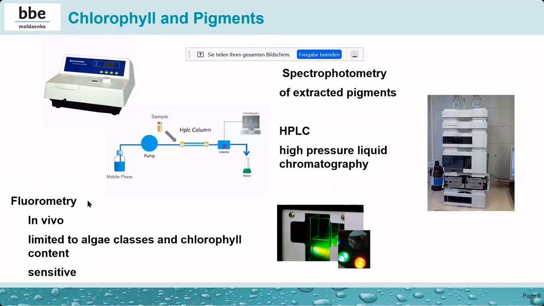Here we do not need to extract. It is an in vivo measurement, and it gives you more detailed information about the algae classes or the cyanobacteria. And the advantage is that it is rather sensitive, because fluorometry is by a factor of 10 to 100 more sensitive than spectrophotometry.